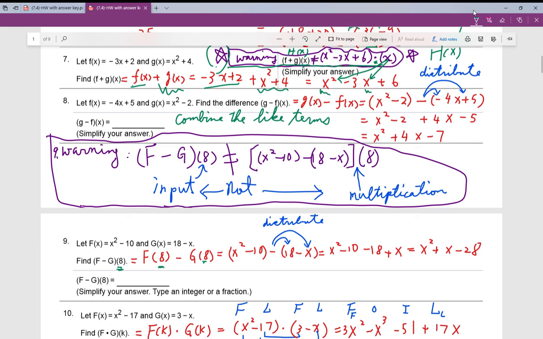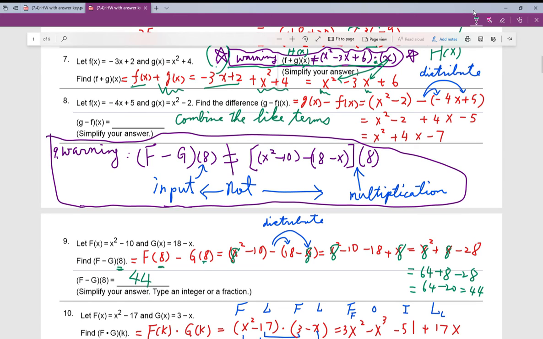Did I input? Oh, I didn't input. Okay, so I need to input 8 here. That's the input 8. So in the end, I have 64 plus 8 minus 28. So it's 64 minus 20 equals 44.